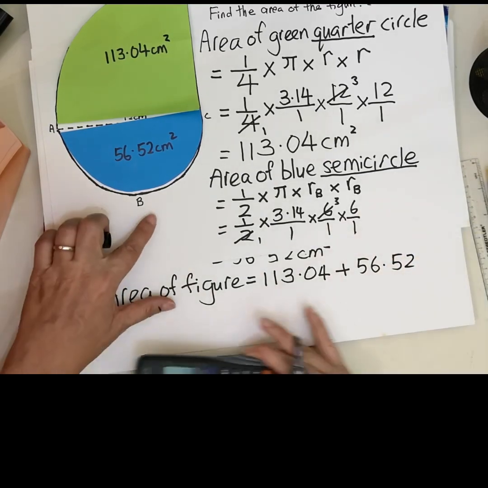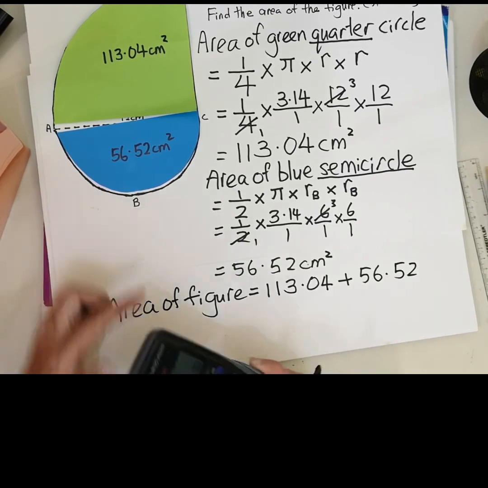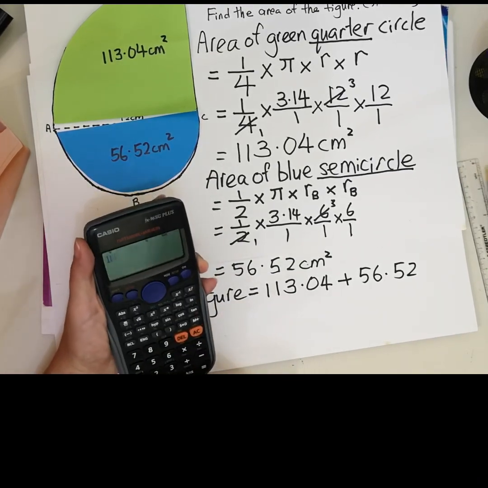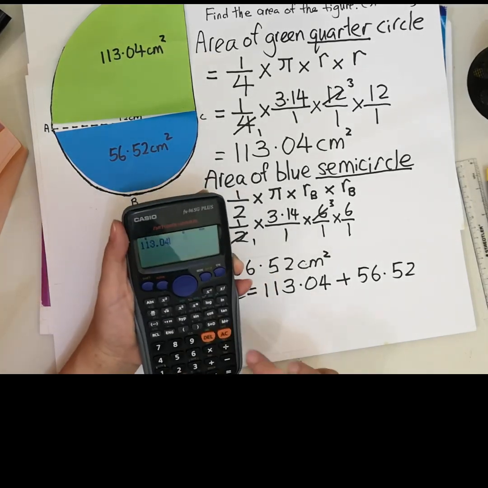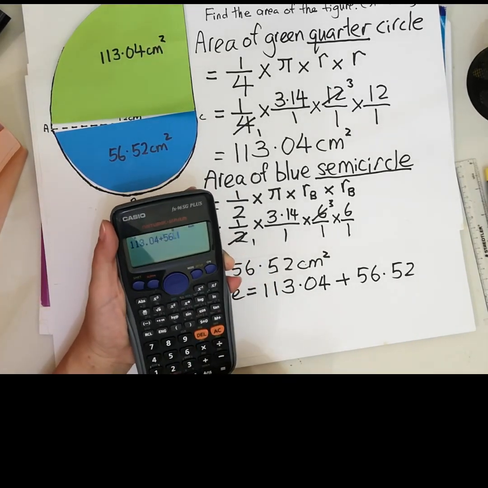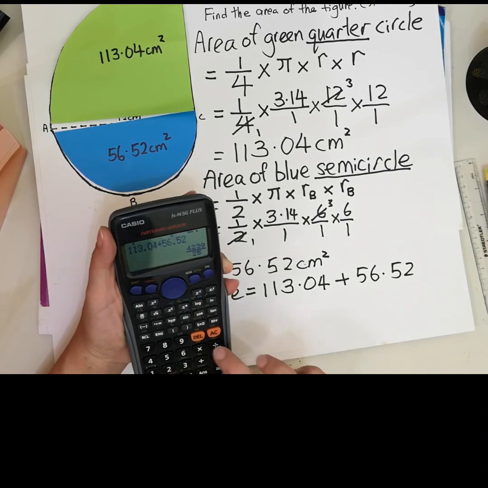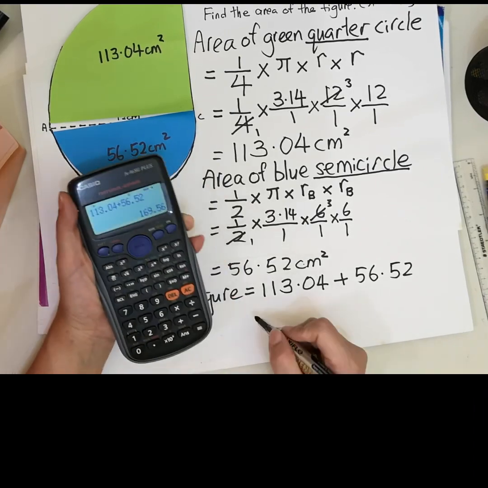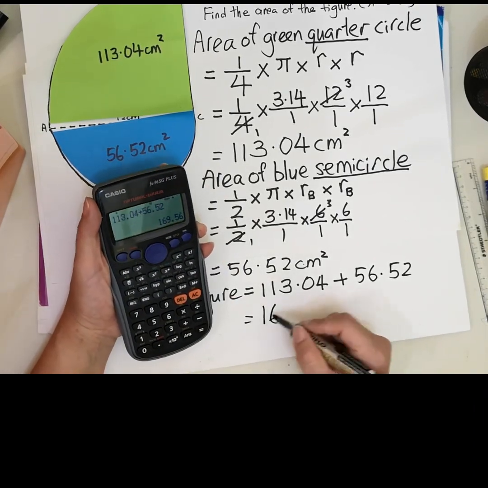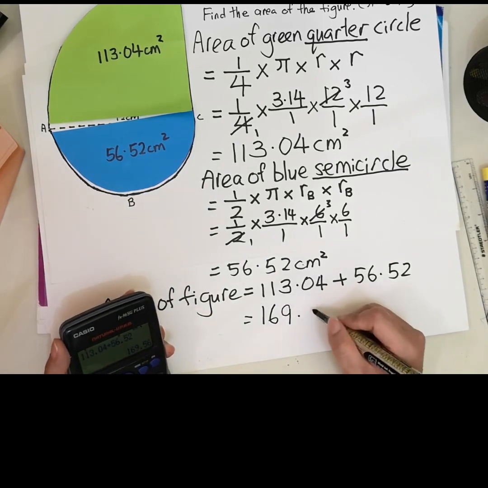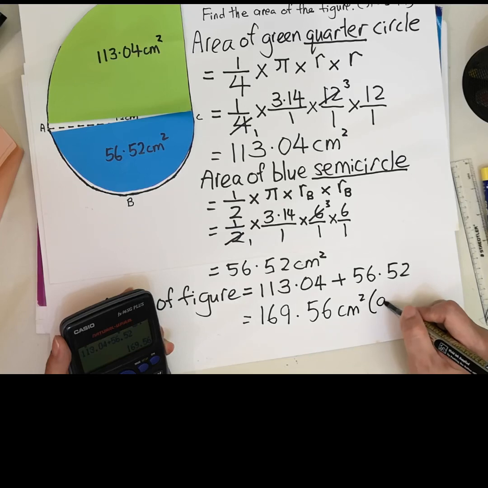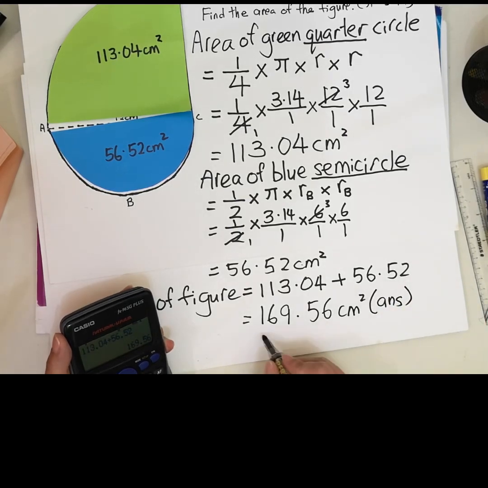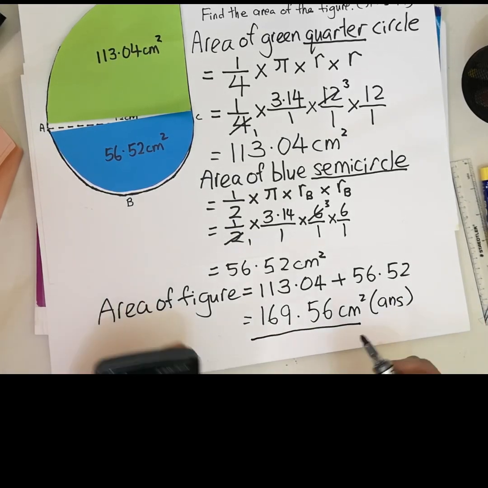And what does that give you? 113.04 add to 56.52, and that will give us the area of 169.56 square centimeter. So this is the area of the figure that we are going to find.